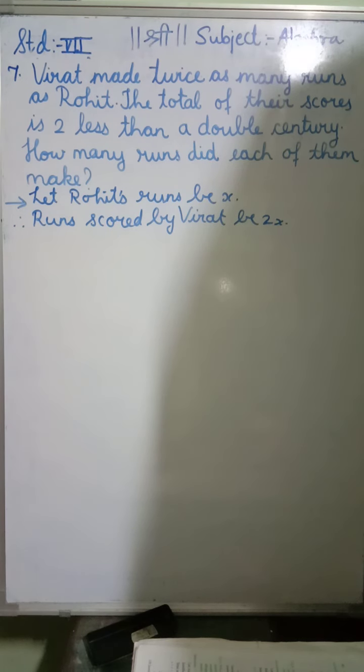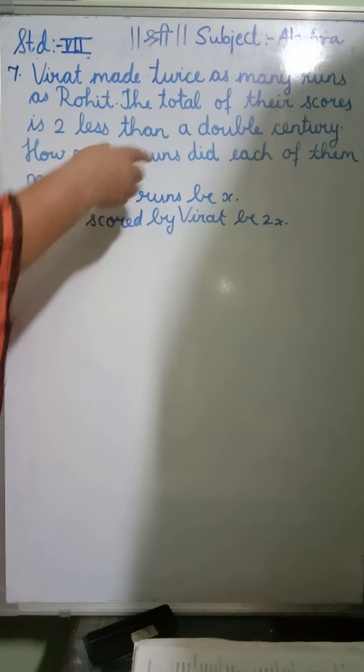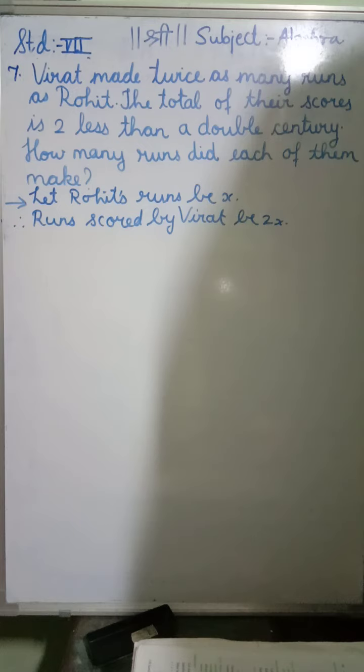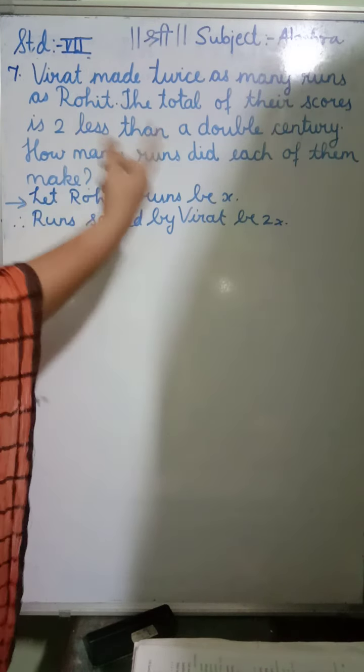Is it double, no? Twice, no? So 2X. Now, in the previous 3 sums, the total was directly given. Now what they have done is that you have to do some operations in the total also. So see, the total of their scores is 2 less than a double century.